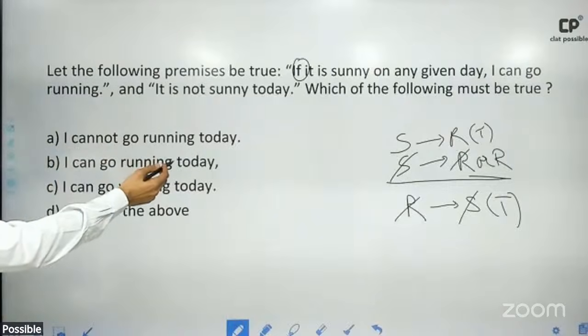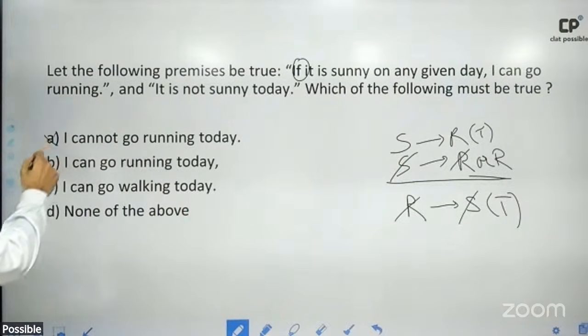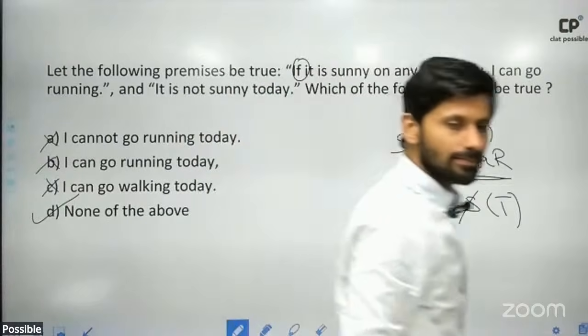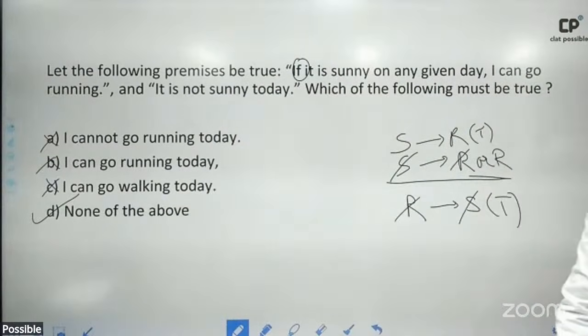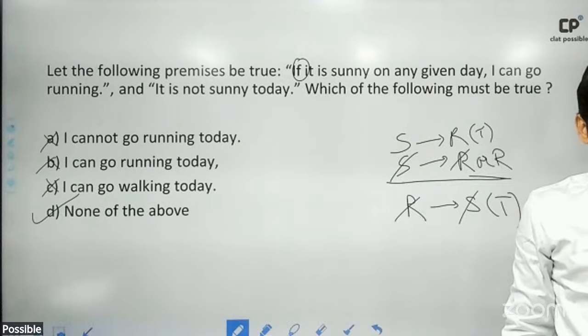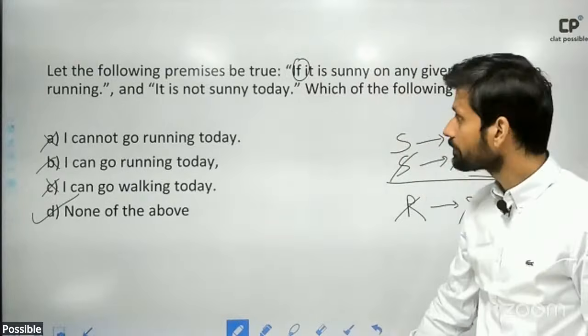So I cannot go running today. Not sure. I can go running today. Not sure. Walking is out. D is correct. Simple. Okay. So AILET 2022. Next देखते हैं.